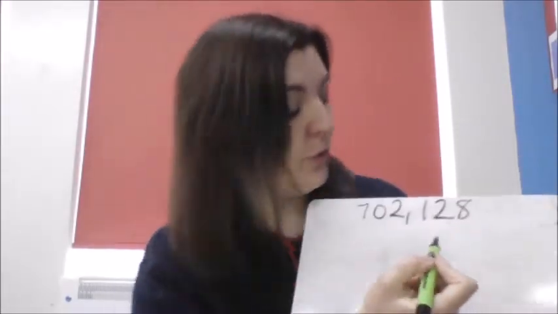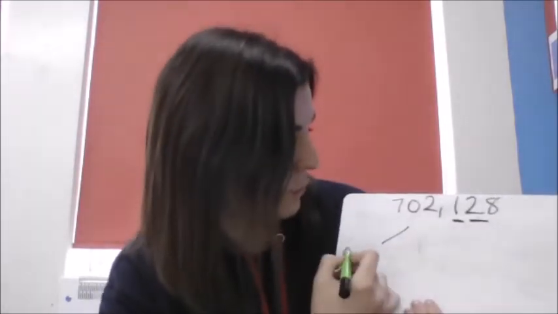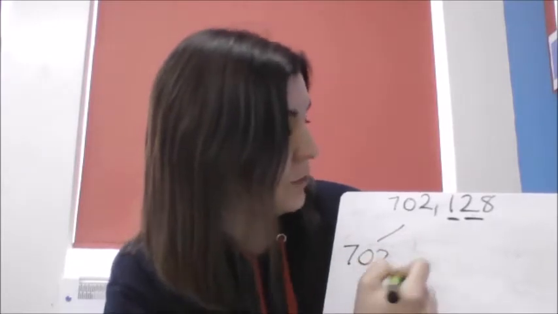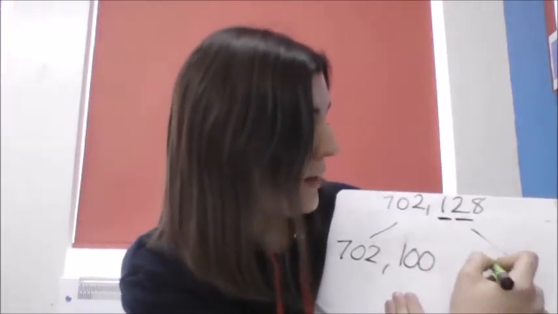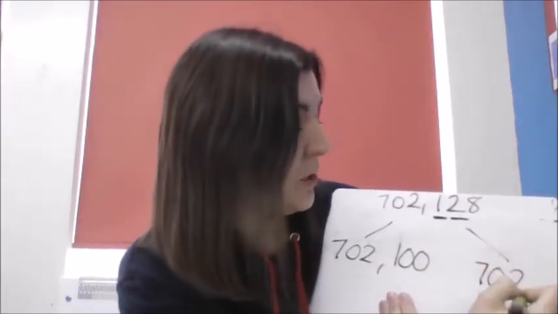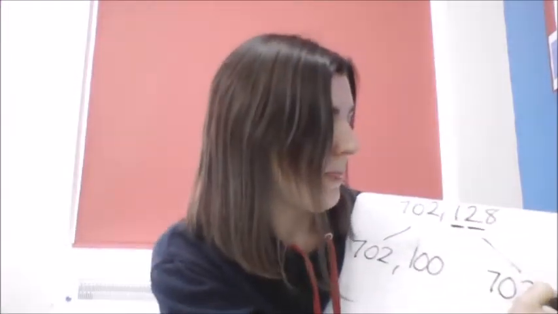Okay, so for the hundreds then, I need the hundreds column and the tens column. So this then would be 702,000, and then the first 100 is this 100. And then the next one, 702,200, if I was counting in hundreds, 100, 200.